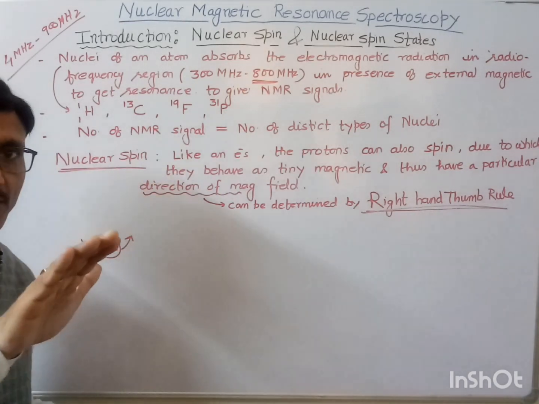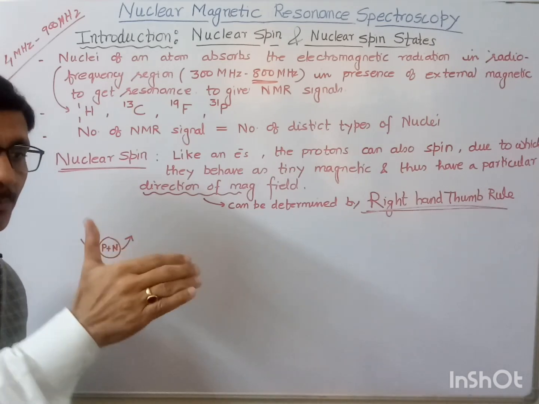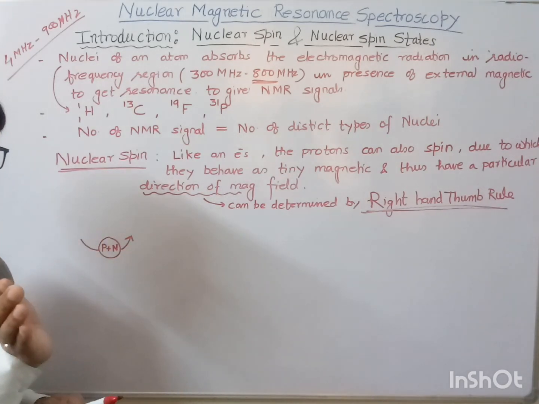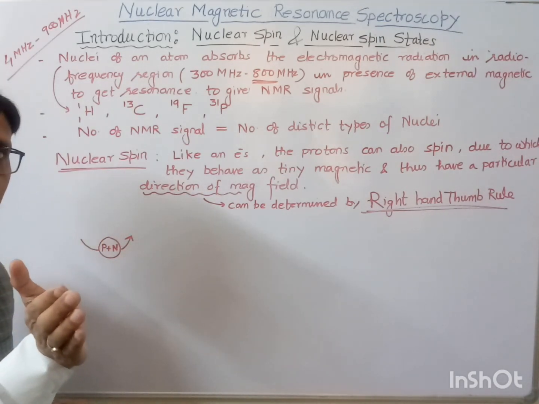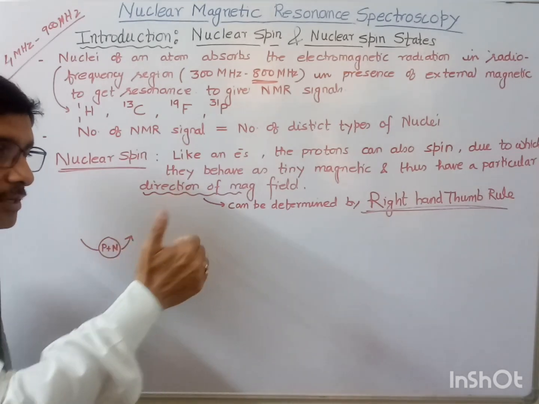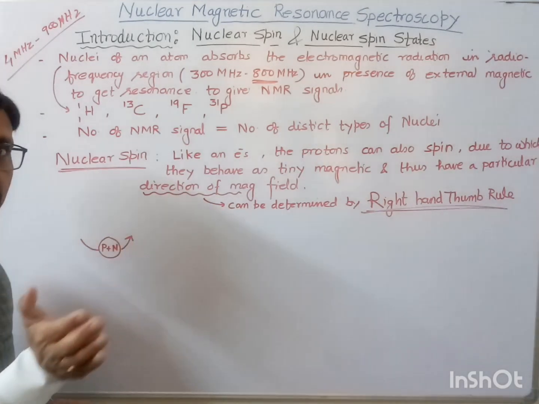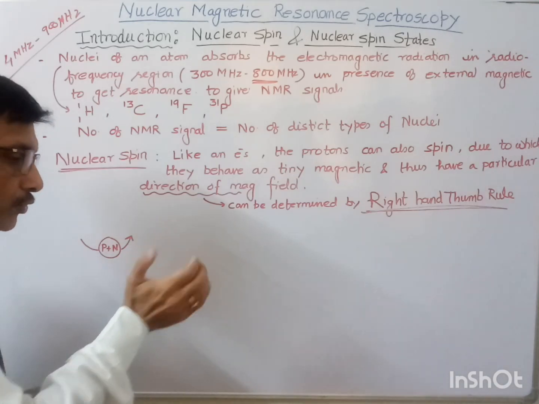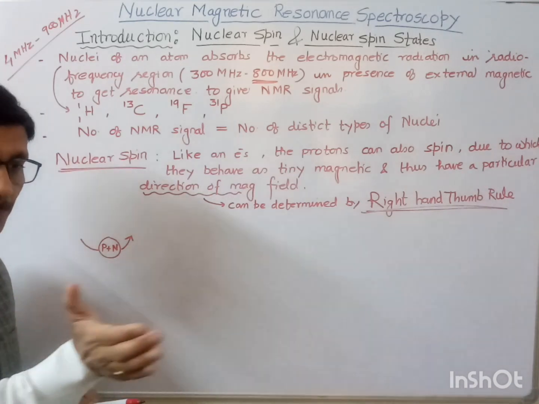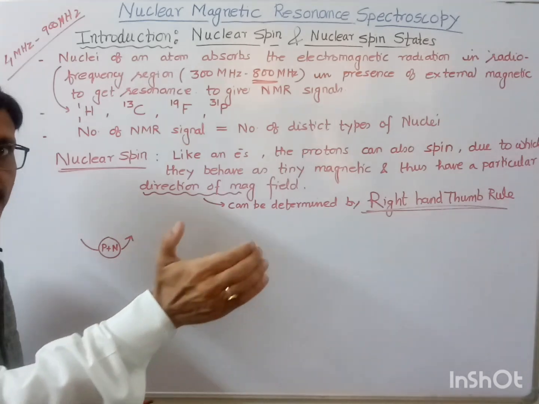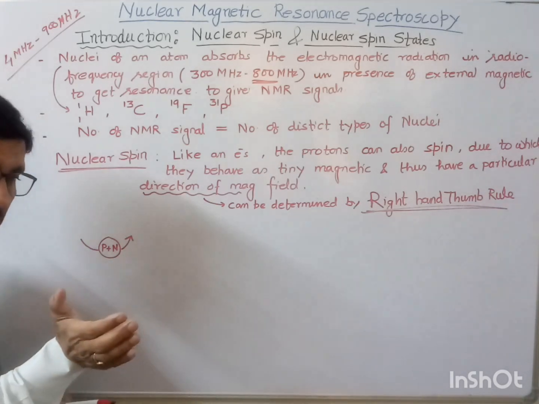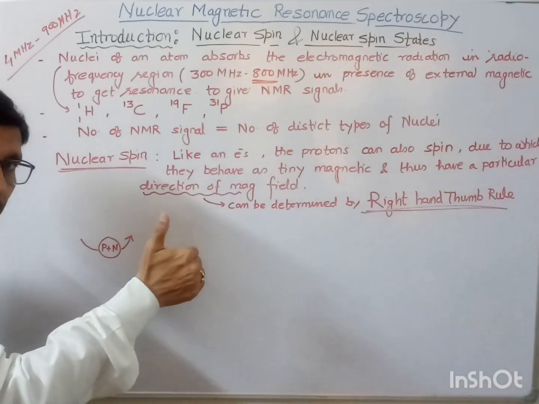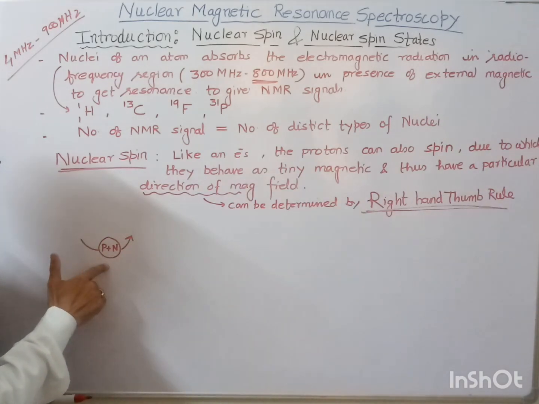Suppose I have a palm, then the rotation of this palm gives you the direction of rotation of the nuclei. Suppose I am rotating the palm like this. Then the direction of rotation of my palm is the direction of rotation of this nuclei.